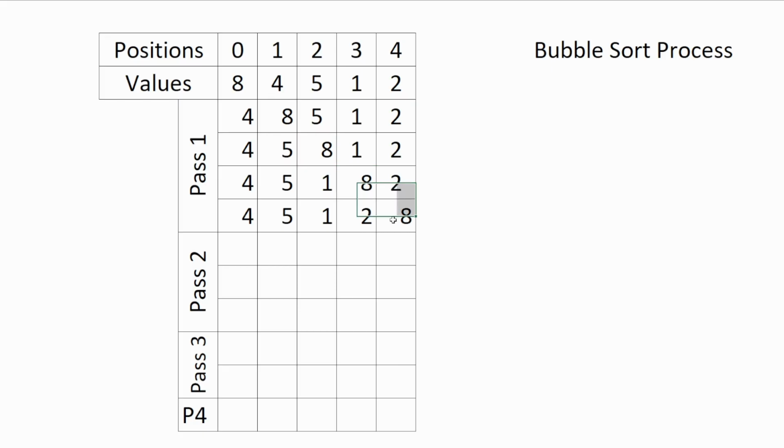And at the end of the first pass, you can see that number 8, which is the largest number, has been pushed from the beginning to the end. You can see it has reached the end now. Now we can leave 8 alone. We don't need to shift 8.